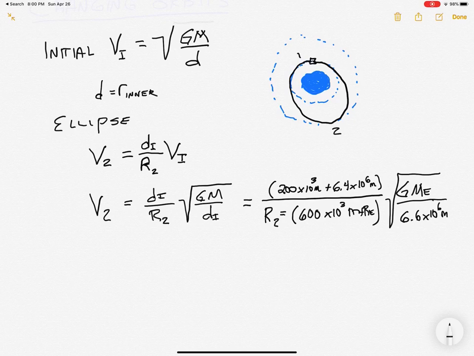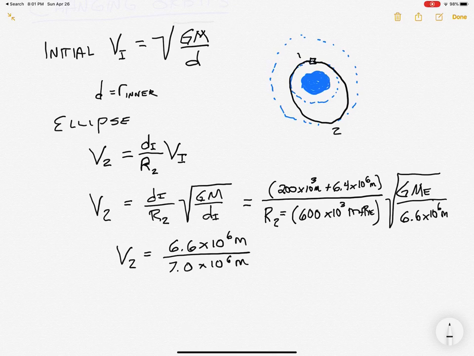So this tells me that my velocity at this new location is going to be 6.6 times 10 to the 6 meters divided by 6.4 plus 600, 7.0 times 10 to the 6 meters.